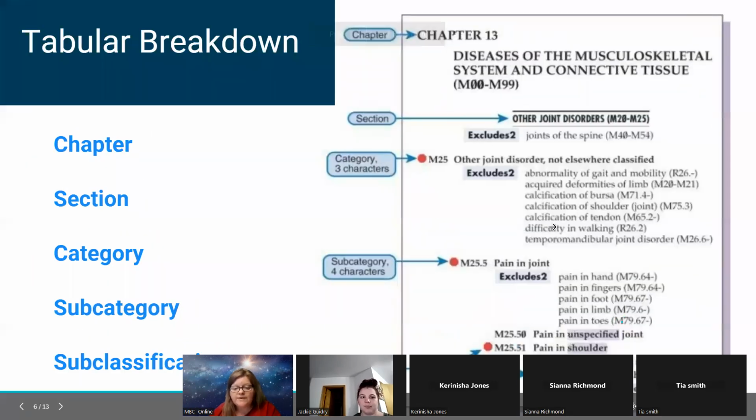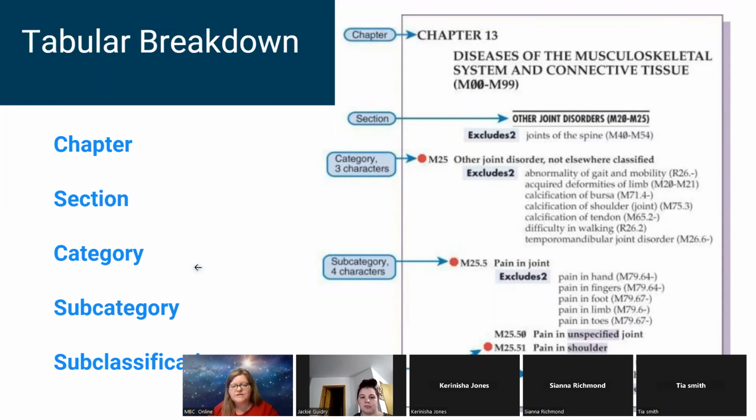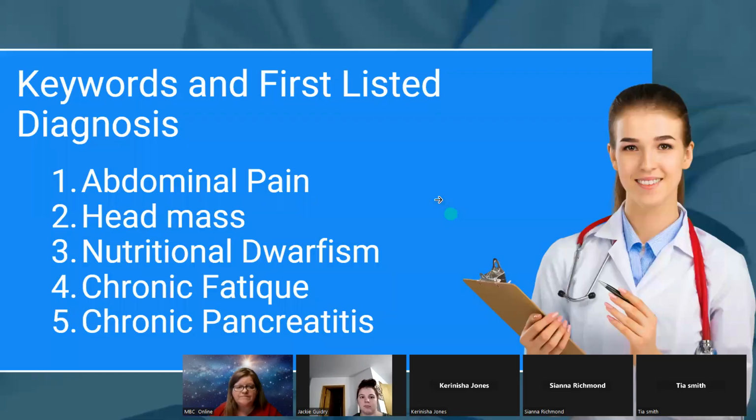Okay, so this is where we left off last time. Basically just looking at the tabular and how it broke down into the different sections. And we talked about the little red stop sign symbol. We know that means that it needs to be more specific, it needs to indent down. So the first thing I want to talk about today is one of the first steps when we're coding: to pick out our keywords in our first listed diagnosis, because first listed diagnosis does make a difference when you're coding.